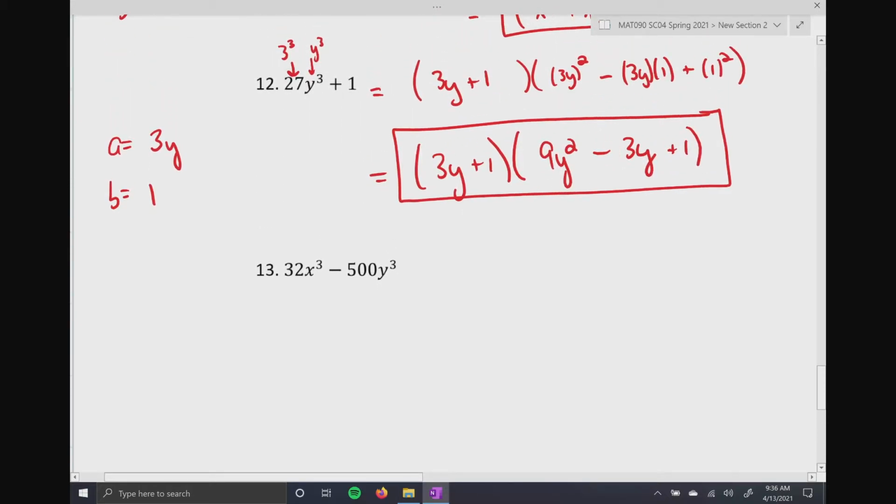32x to the third minus 500y to the third. All right? Now, remember, we always look for a GCF first. Is there a GCF here?